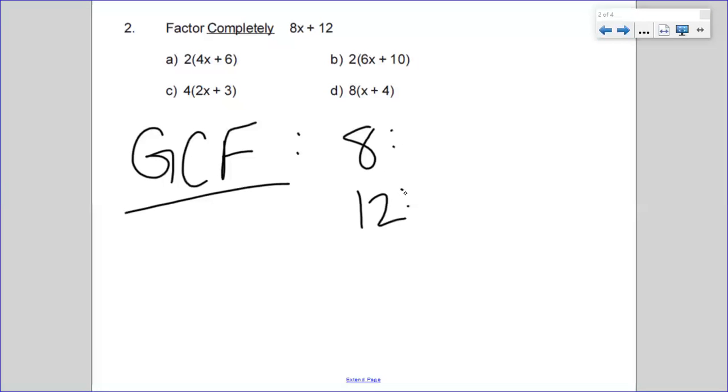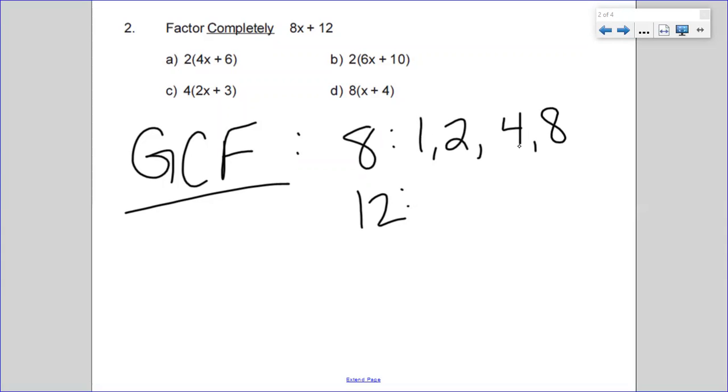So for 8, factors are numbers multiplied together to get 8. So 1 times 8 is one set of factors, and then 2 times 4. I teach my kids to do it in order like this, so when they get to the middle, they know that there's none left.